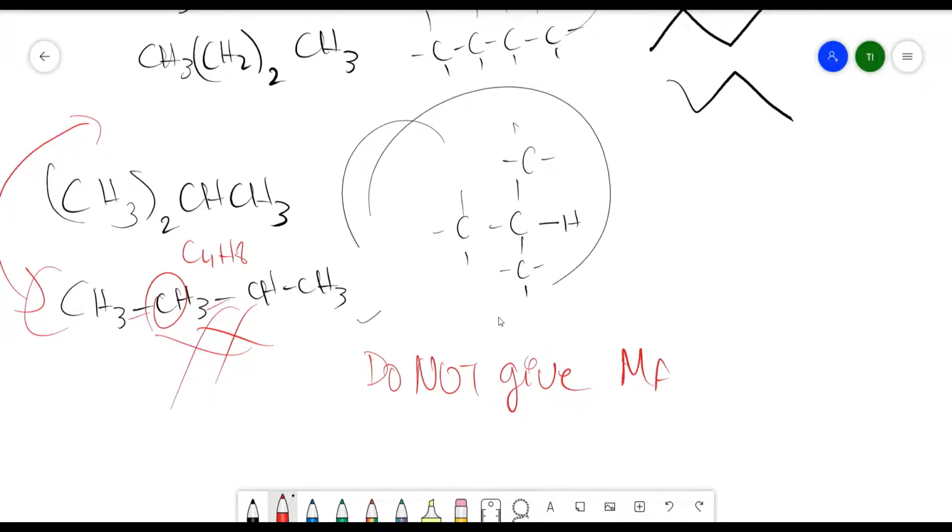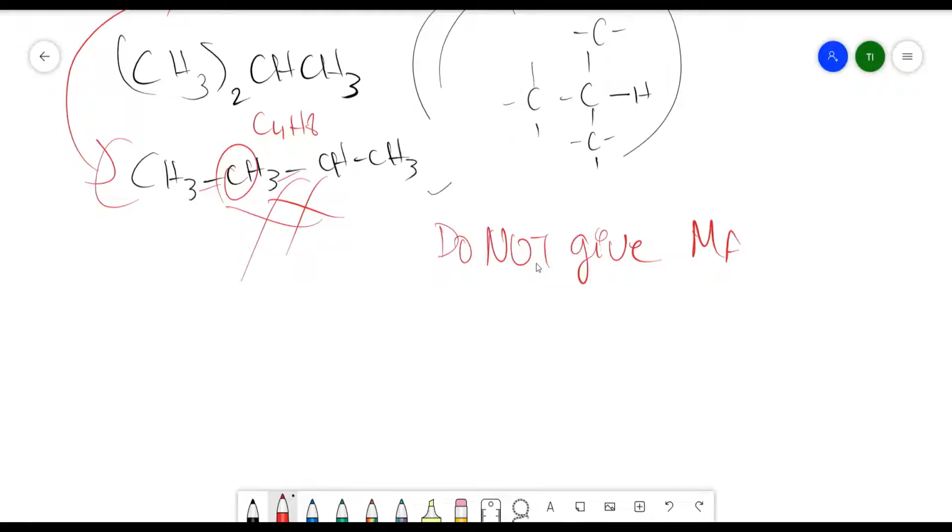And unlike in your IGCSE years, where you were forgiven for giving a displayed formula when they ask for structural, do not do that in your A levels. If they ask for structural, give structural. If they ask for molecular, give molecular. If they ask for displayed, give displayed. If you do not follow what the question says, they will not give you any credit.